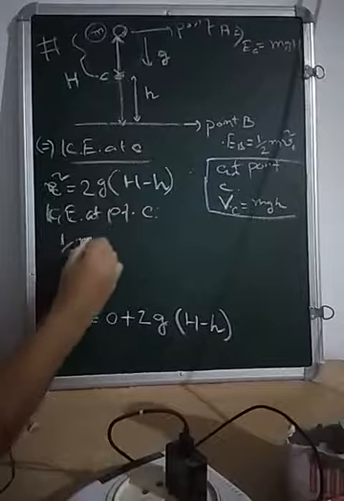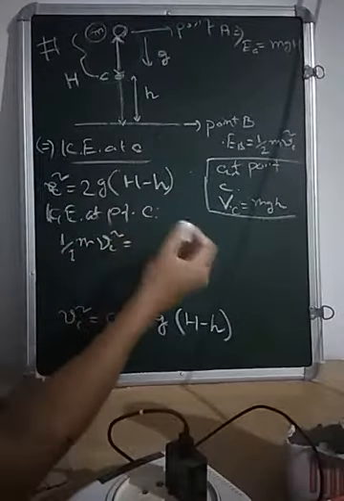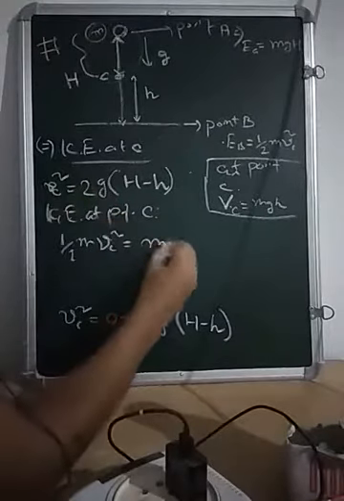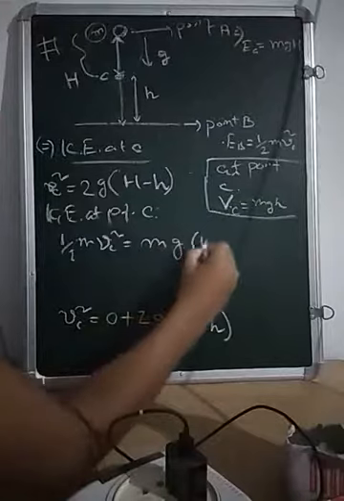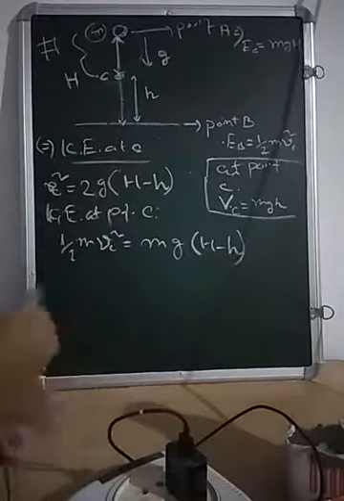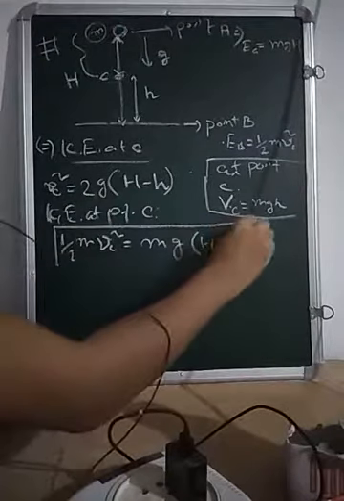Half of m into v_C square, and it will be how much? Half will get cancelled, m will add. So mg(H minus h). So we know the kinetic energy at point C. Up to now, what do we know?